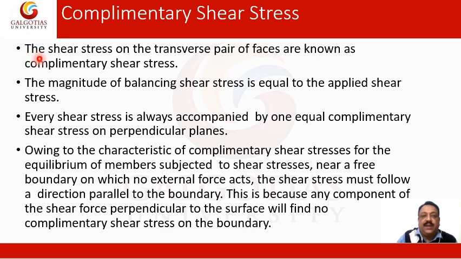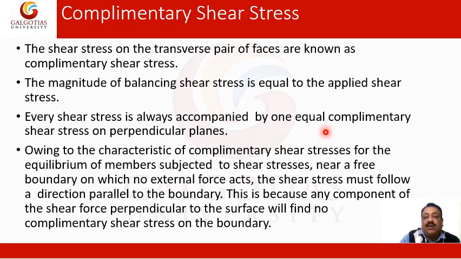So to sum up, the shear stress on the transverse pair of faces is known as the complementary shear stress. The magnitude of balancing shear stress is equal to the applied shear stress, that is tau is equal to tau dash. Every shear stress is always accompanied by one equal complementary shear stress on the perpendicular planes.